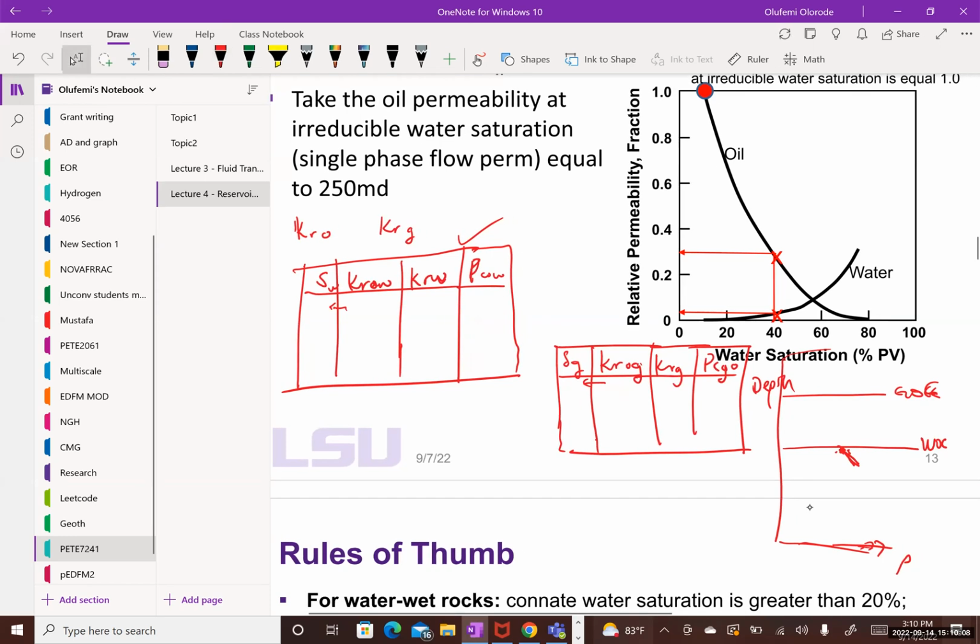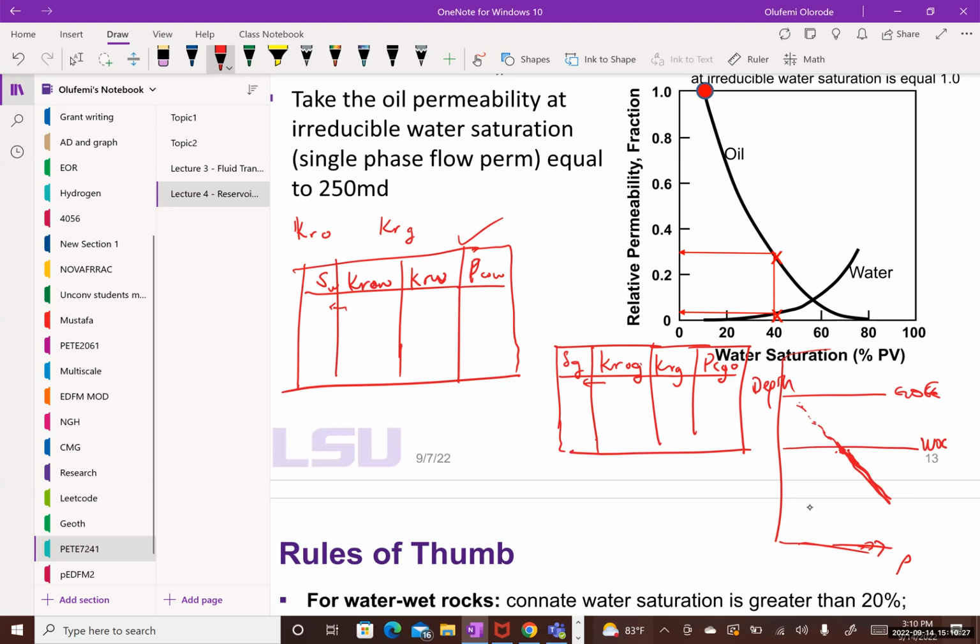So you will draw that slope here. Below the water oil contact is 100% water. Above it, you can have water and some oil, right? You have residual water saturation. So what you will do is you will keep this slope for water.